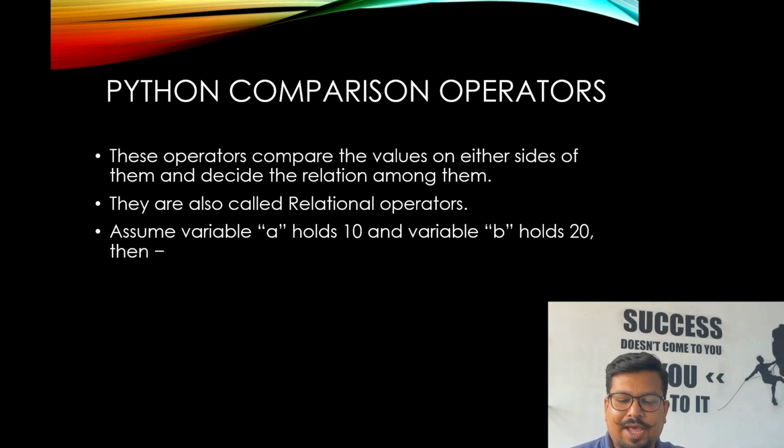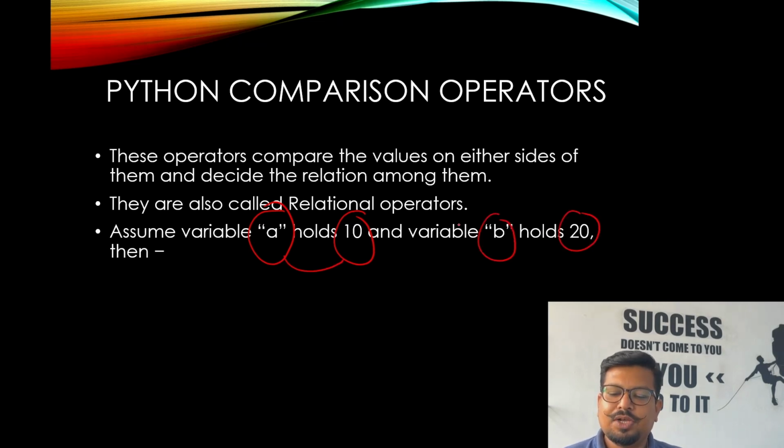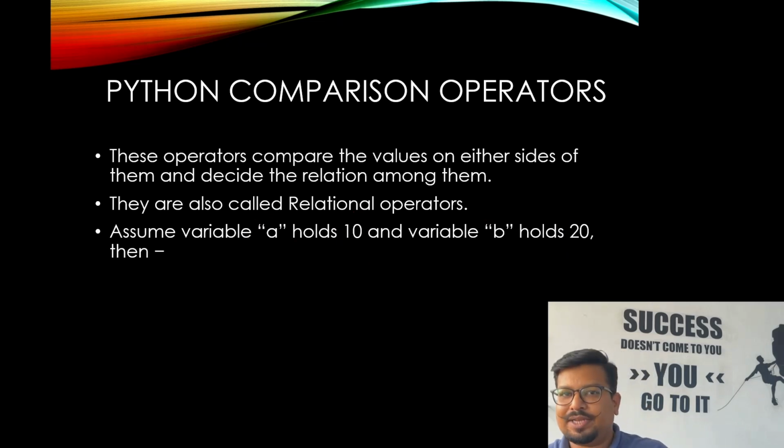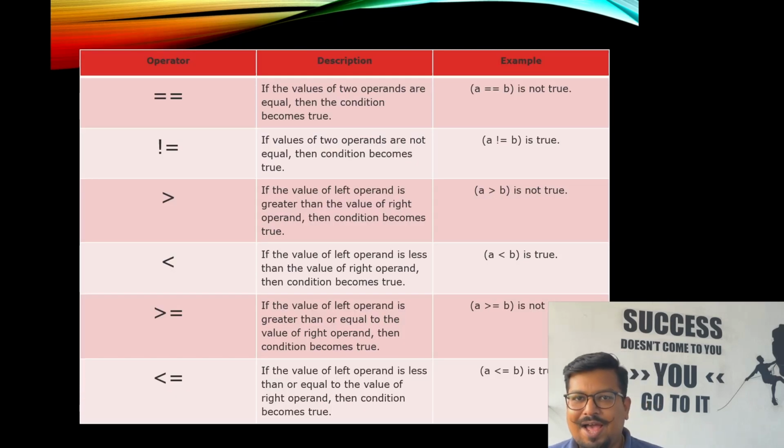Let's consider an example where I have a value 10 stored into A and 20 stored into B. So let's see how it goes with the comparison operators, or what the different comparison operators available in Python are. So we have equal to, not equal to, greater than, less than, greater than or equal to, or less than or equal to.